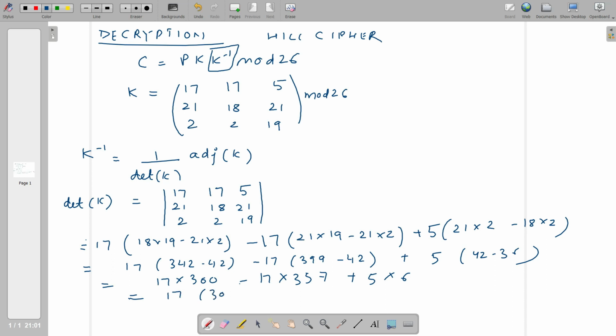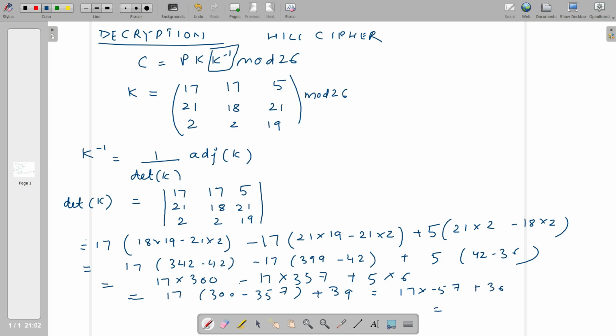So it will be 300 minus 357, and then minus 30. Sorry, it is plus 30. So here it is going to be 17 into minus 57 plus 30.